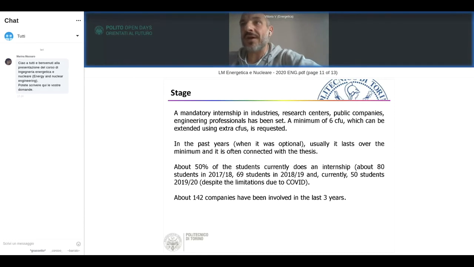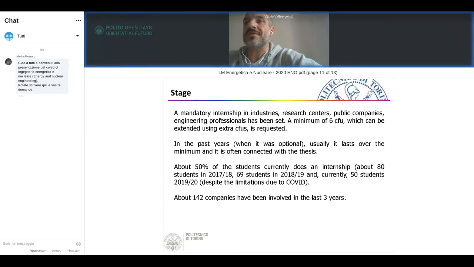To have a few numbers about this experience, currently about 50% of the students, who have it as an elective subject, select to have this experience during their preparation.